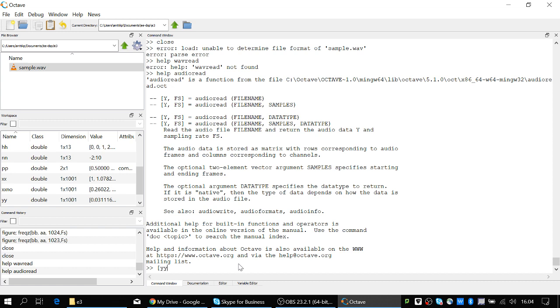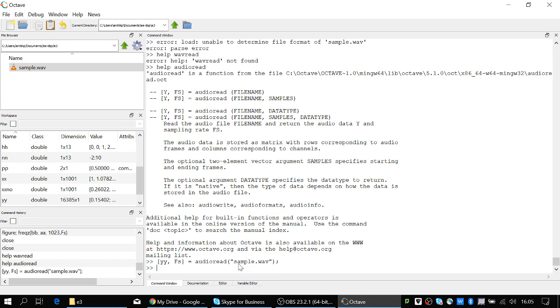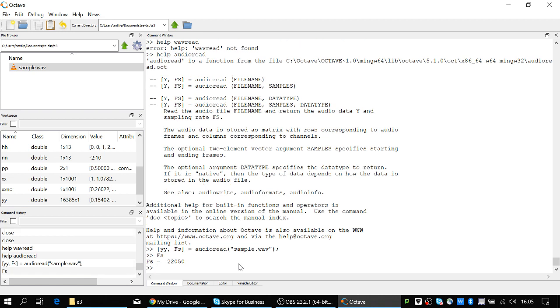Okay, so I have y, fs equals audioread, file name is sample.wav. I hope this works. Yes, it does. So my sampling rate is 22050, and the sound actually sounds like this.